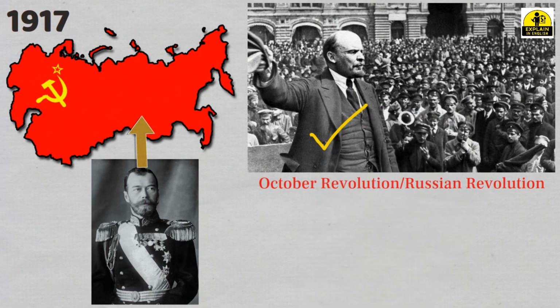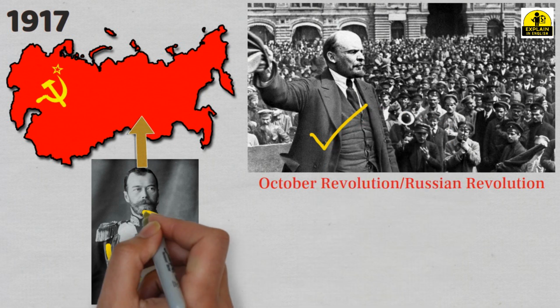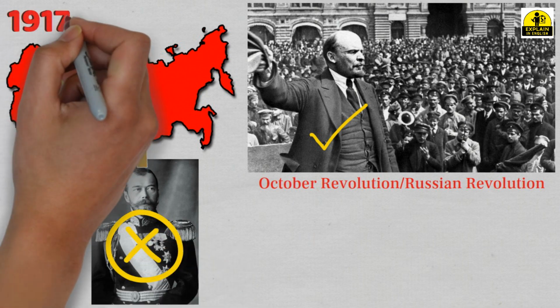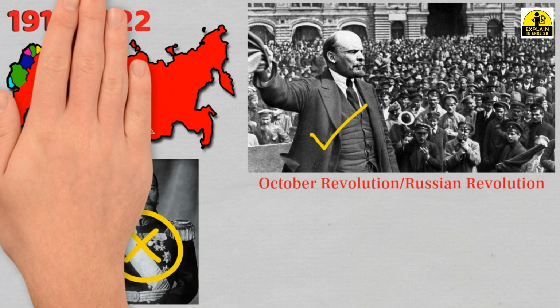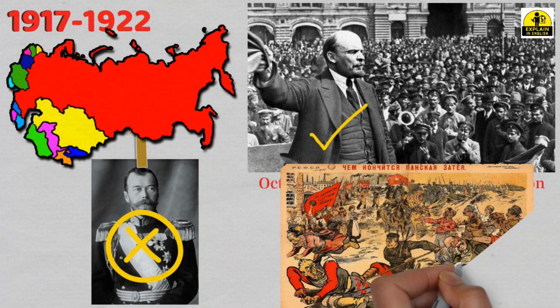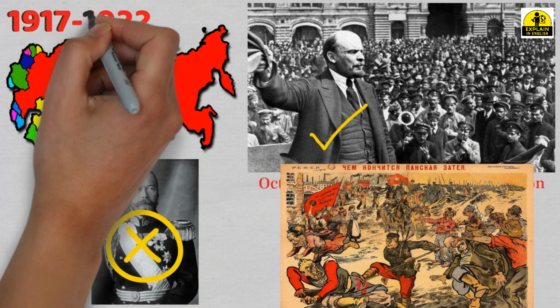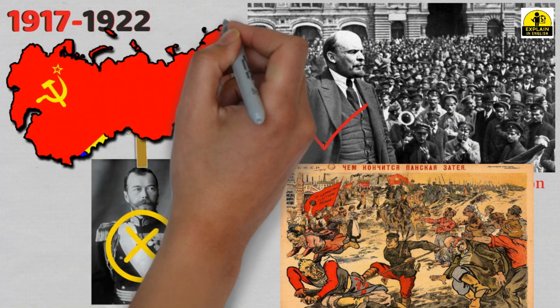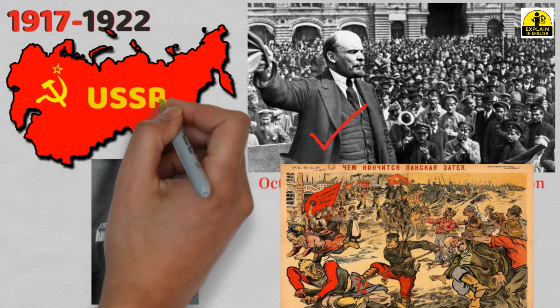Under Lenin's leadership, the Russian Empire ended, and the throne of their king Tsar Nicholas's reign was overthrown. But from 1917 until 1922, there was a civil war in this whole region, in which all the communist parties took part. But by 1922, Lenin had calmed everything down, united all these countries, established the USSR, and became its leader.